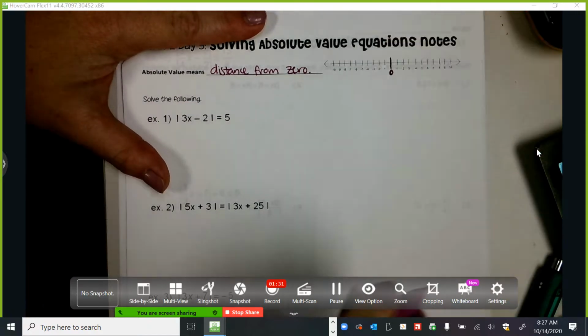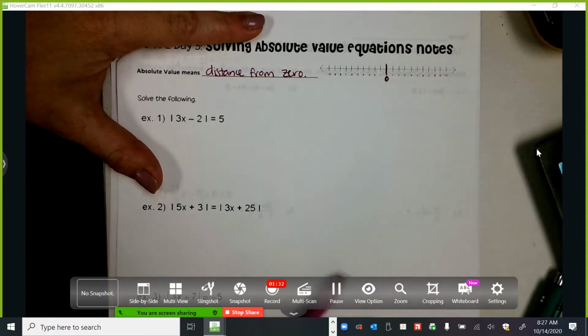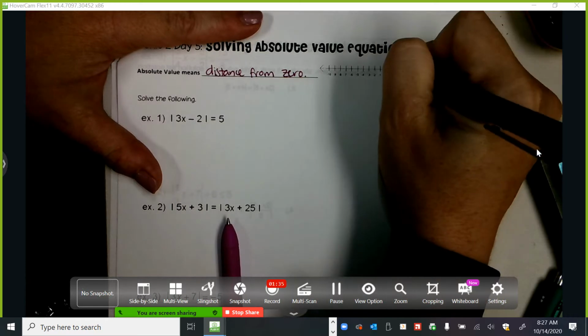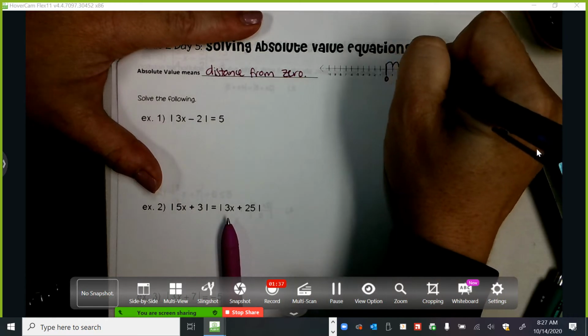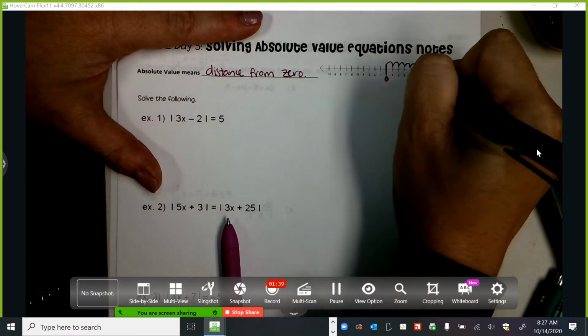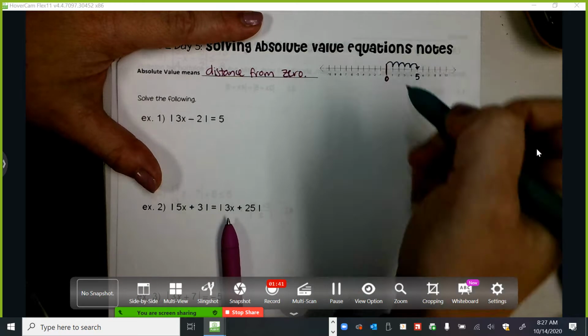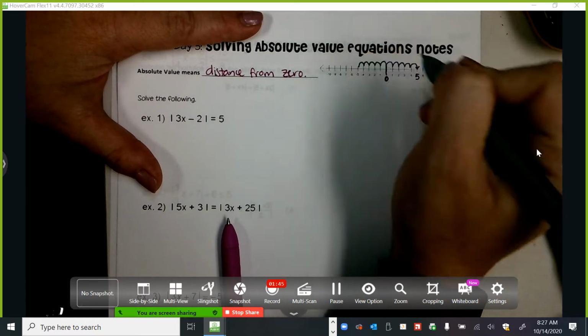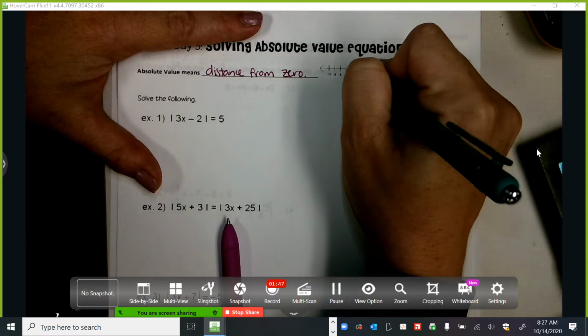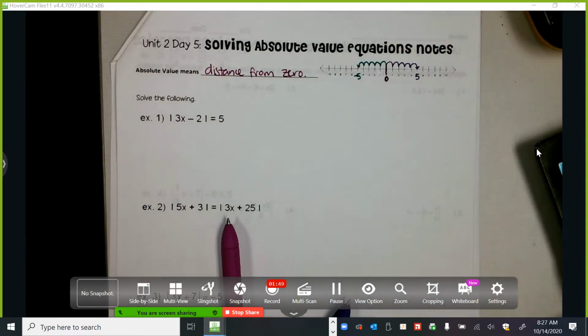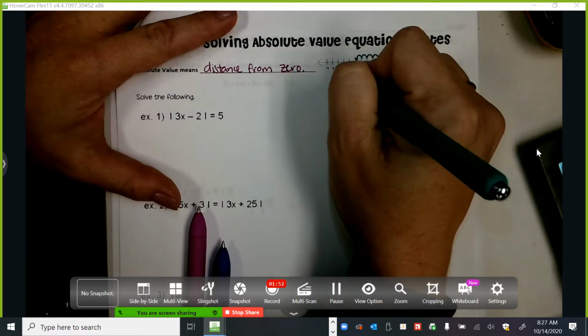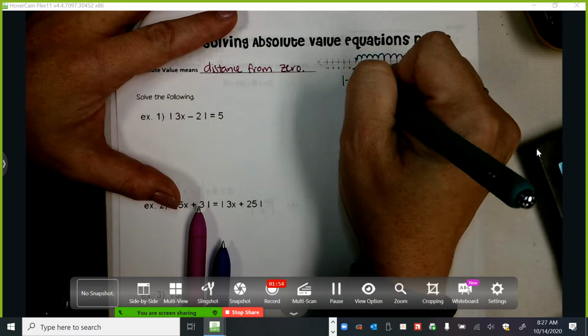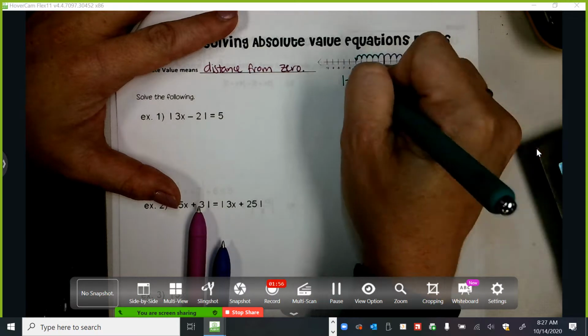So if this was 0 and I said I'm 5 away from 0, I could be 1, 2, 3, 4, 5 this direction. But I could also be 1, 2, 3, 4, 5 that direction. It's still 5 away, but that says negative 5, right? Well, when you do the absolute value, the distance from 0, it just is positive 5.